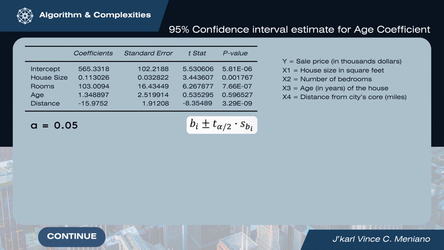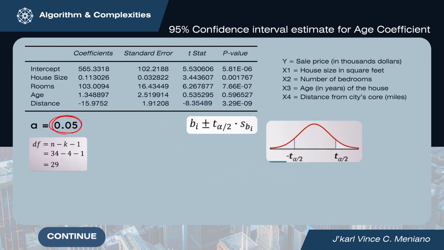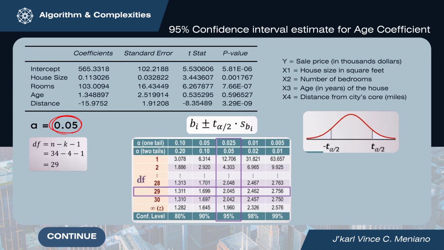Recall that the number of observations n equals 34 and the number of independent variables k equals 4. Thus, the degrees of freedom, n minus k minus 1, equals 29. Since confidence intervals are always two-tailed, we divide alpha by 2 to have 0.025 in each tail. With df equals 29, the t critical value is 2.045.